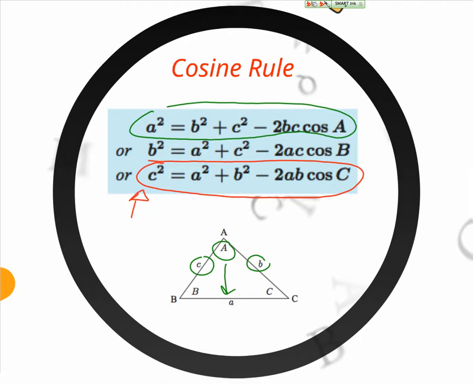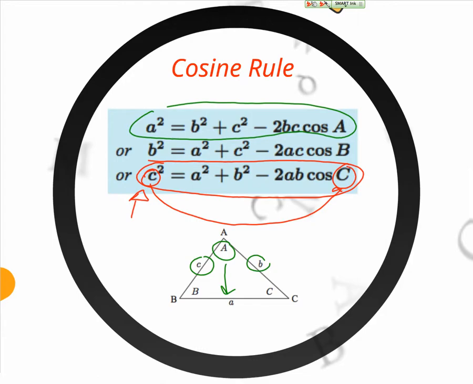Literally, one of your sides is equal to the square root of the squares of the other sides minus the corresponding term. And that's the really important part. The only thing that's super important is that the side and the opposite angle are on opposite ends of your formula.